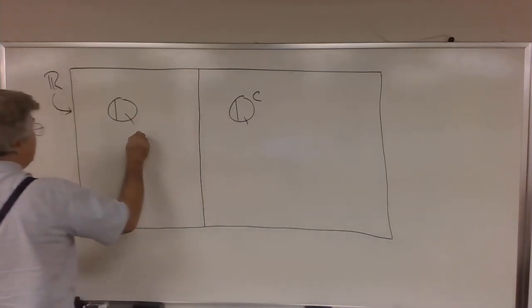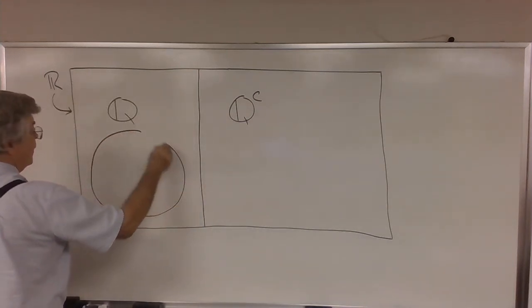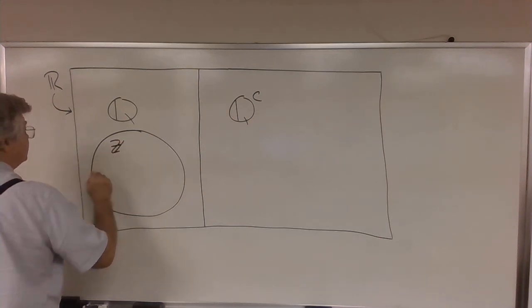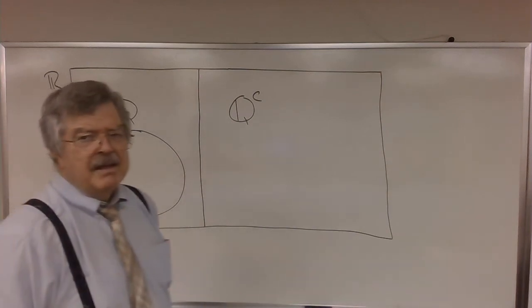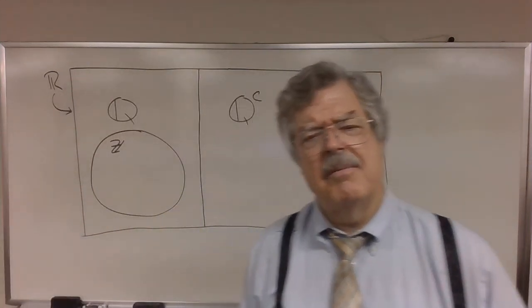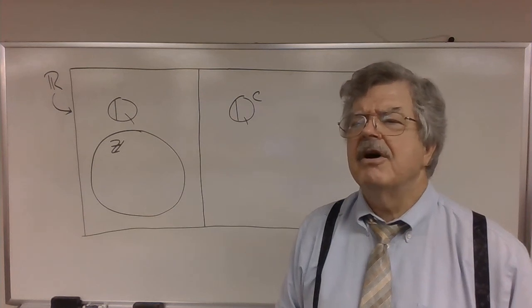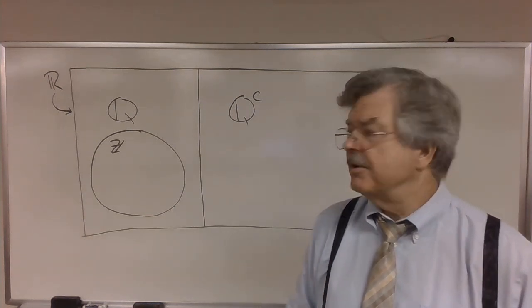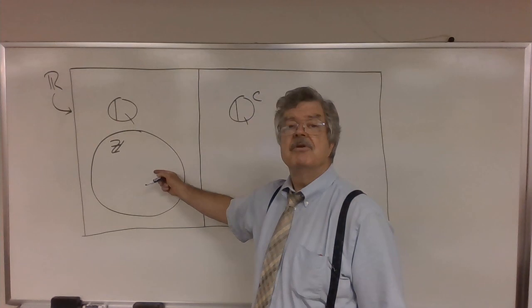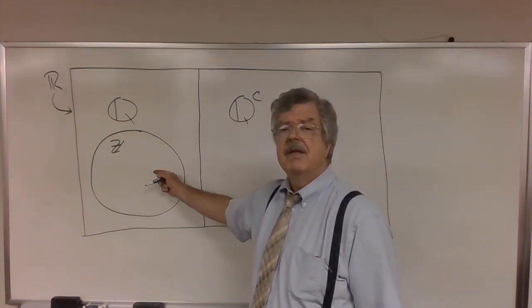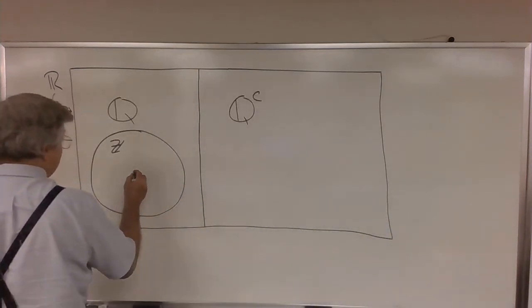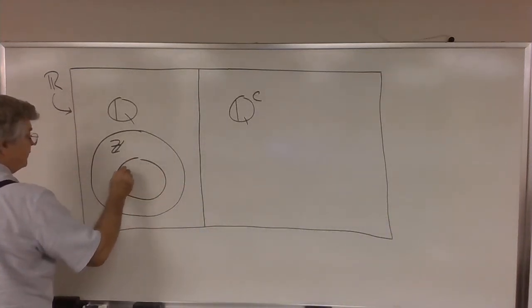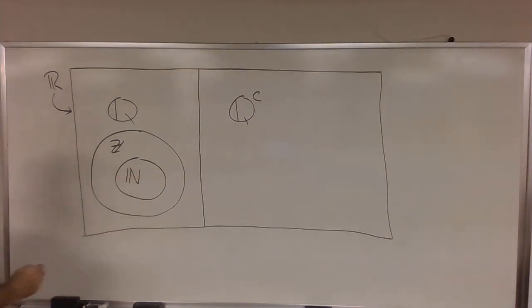So inside the rationals, we have the integers, and then every natural number is an integer, isn't it? It's a positive whole number. The integers are the whole numbers, positive, negative, and 0. So that would include the natural numbers, wouldn't it? So inside here we have the natural numbers. And that's how all of these sets fit together.